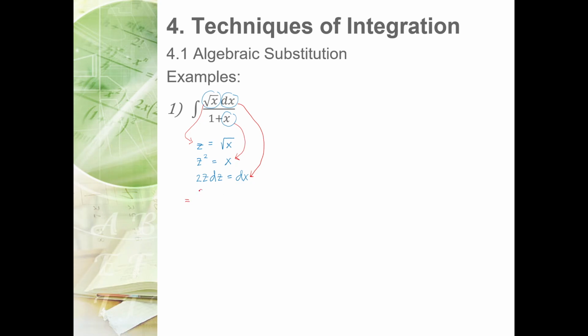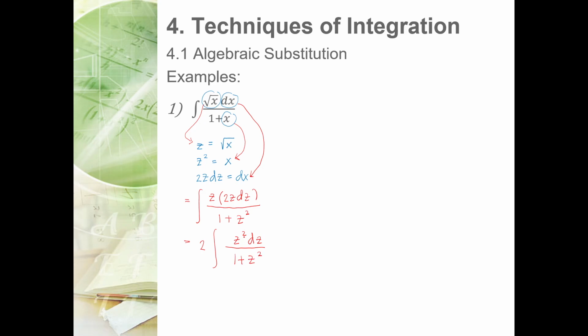Upon substitution, we have z times 2z dz divided by 1 plus z squared. Of course we can take the constant outside, which is 2. So this becomes 2 times the integral of z squared dz all over 1 plus z squared.